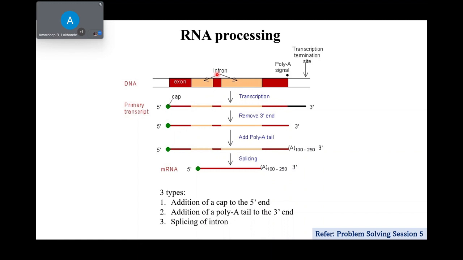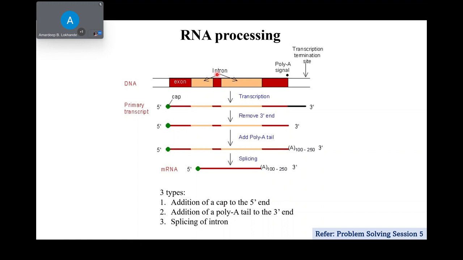The addition of the poly A tail says that this mRNA is completed now. When can a poly A be added to the mRNA? When you have several T's in the DNA.